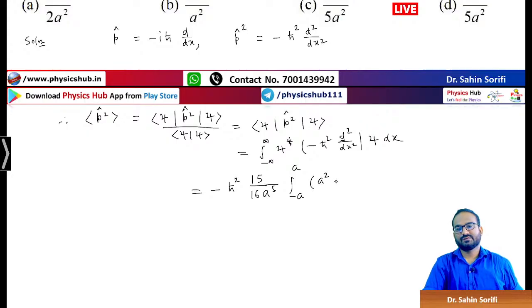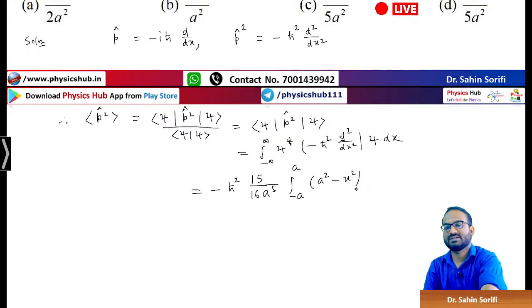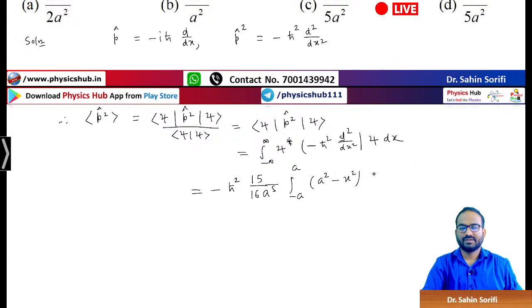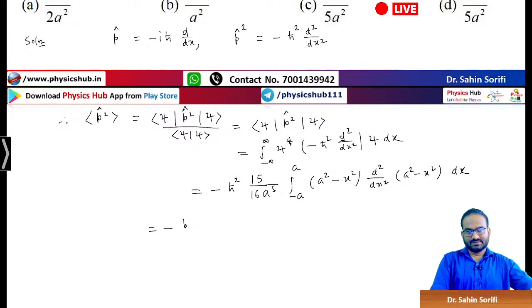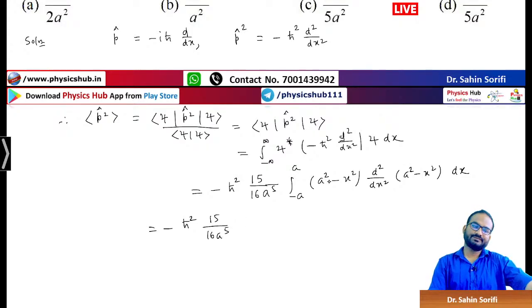From minus a to plus a, you are left with a square minus x square for psi star, and for psi we have to do d square by dx square of a square minus x square dx. This equals minus h cut square 15 by 16 a to the power 5 times this integral. What will it give you?